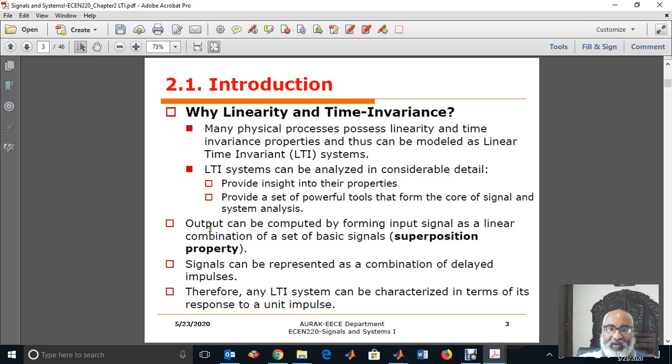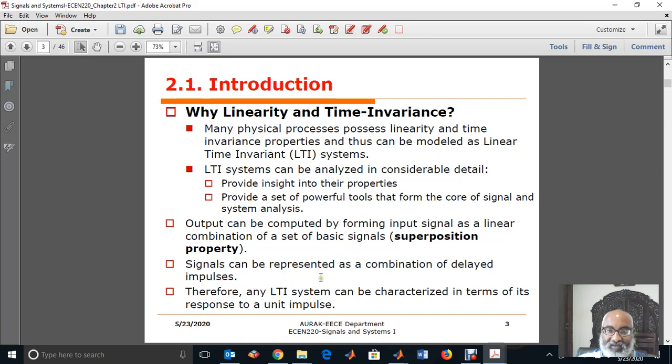If the input is a sum of a set of basic signals, we can find the output due to the individual basic signals, and the complete output will be the sum of the outputs of the basic signals. This is called the superposition property, which is very important.